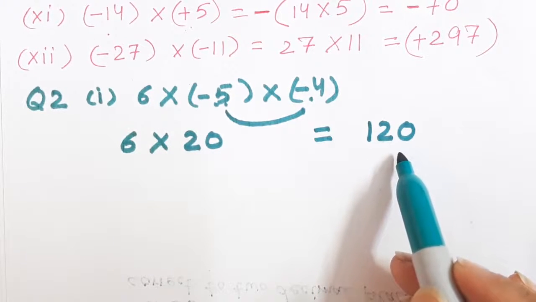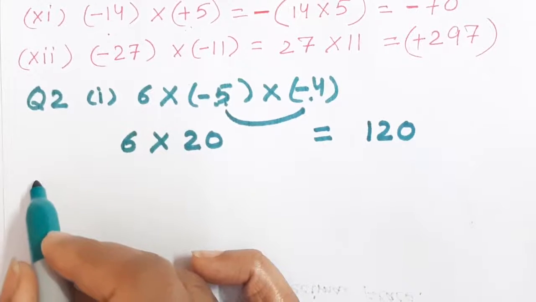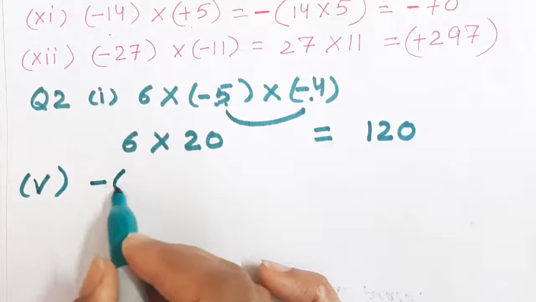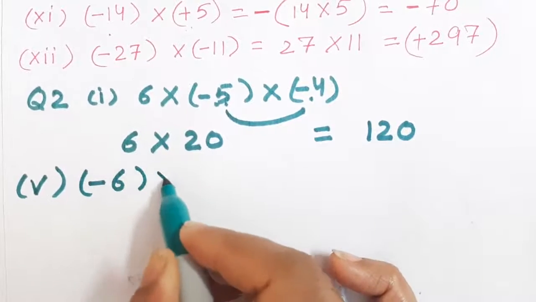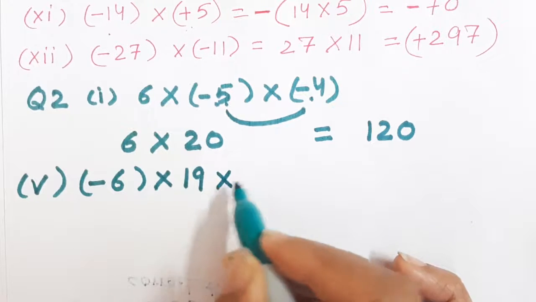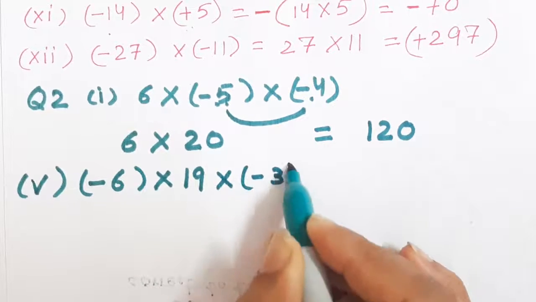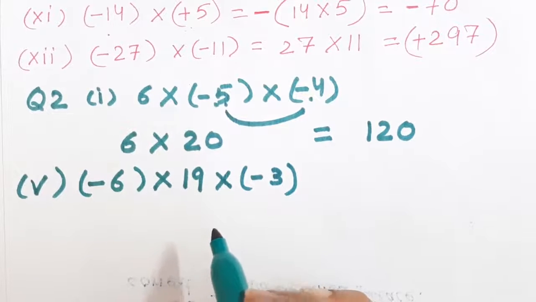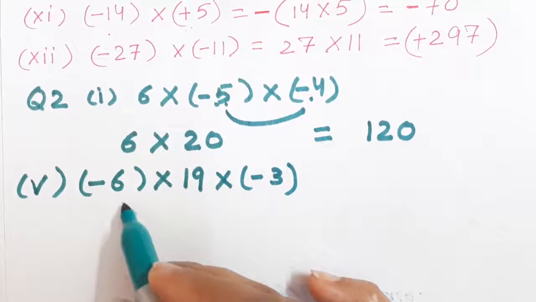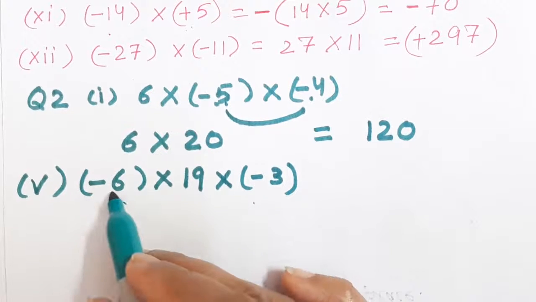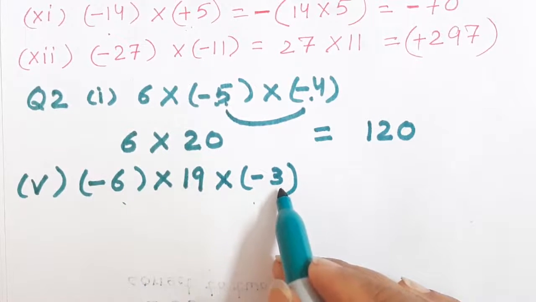Clear? Now let us do one more part. Have a look, fifth part. Minus 6 multiplied by 19 multiplied by minus 3. Now children, it is up to you. You can choose any two numbers. You can take the first two, you can take the last two, or you can multiply the first number with the third number, right?